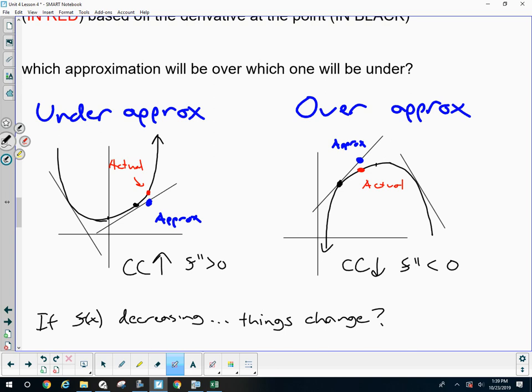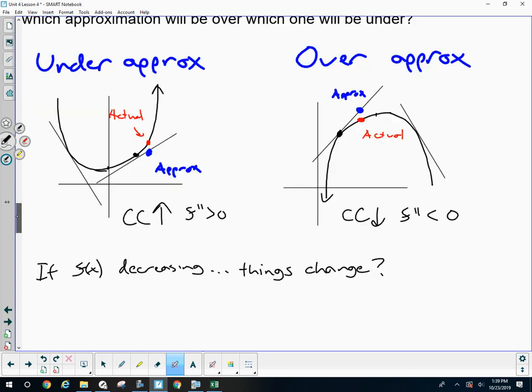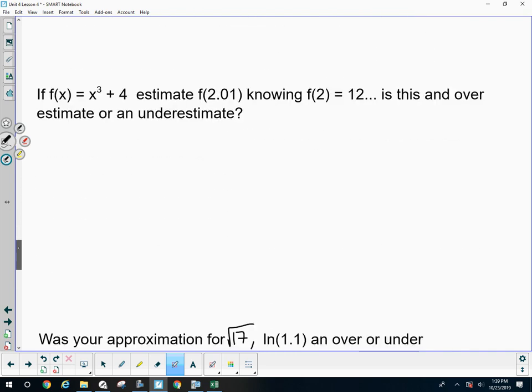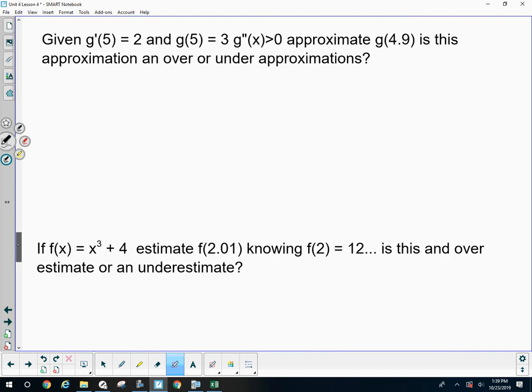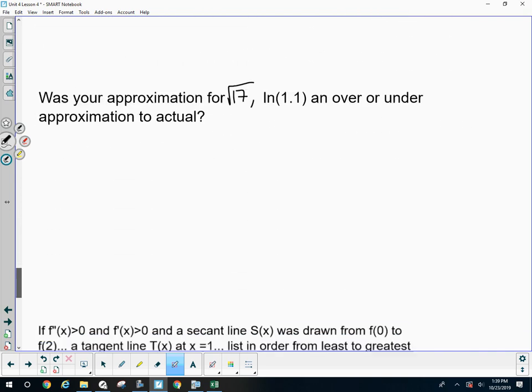So if we just know concavity, if concavity is consistent between the point our tangent line is passing through and the point we're trying to approximate, we'll know if it's over or under. So let's just go back originally to square root of 17, which I brought up. I think it's approximately 33/8.